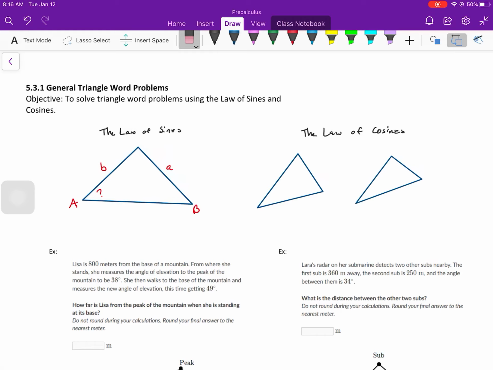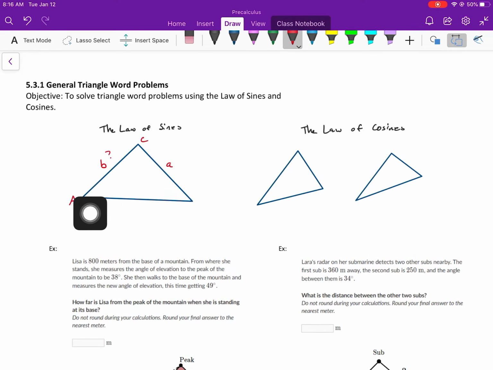Now, sometimes what they might do in this situation is give you the angle not across. So maybe like B is unknown. You have a pair here of side and angle, but you don't have this pair, but you want to find this side. This is still law of sines because you can use the angle. Remember, if you know this angle and this angle, we can come up with that third angle because they all add up to 180.